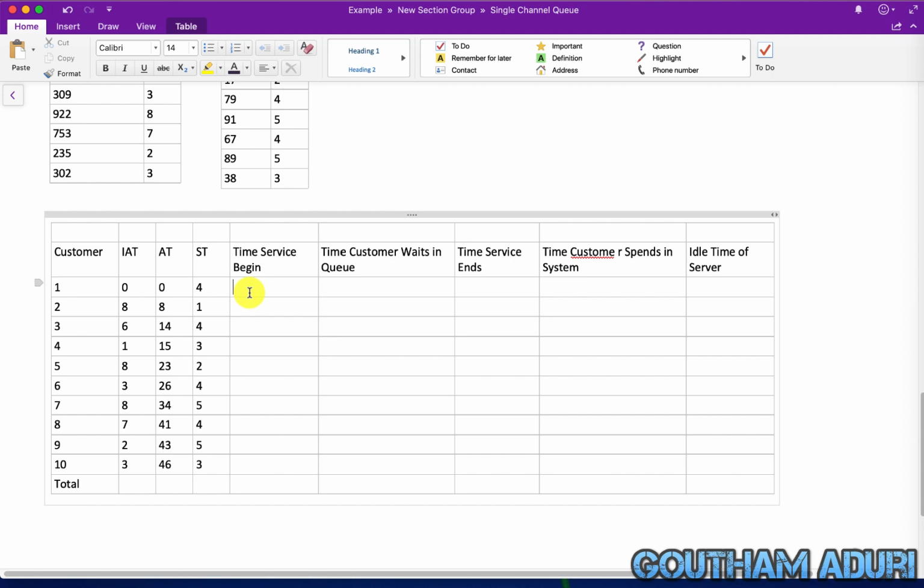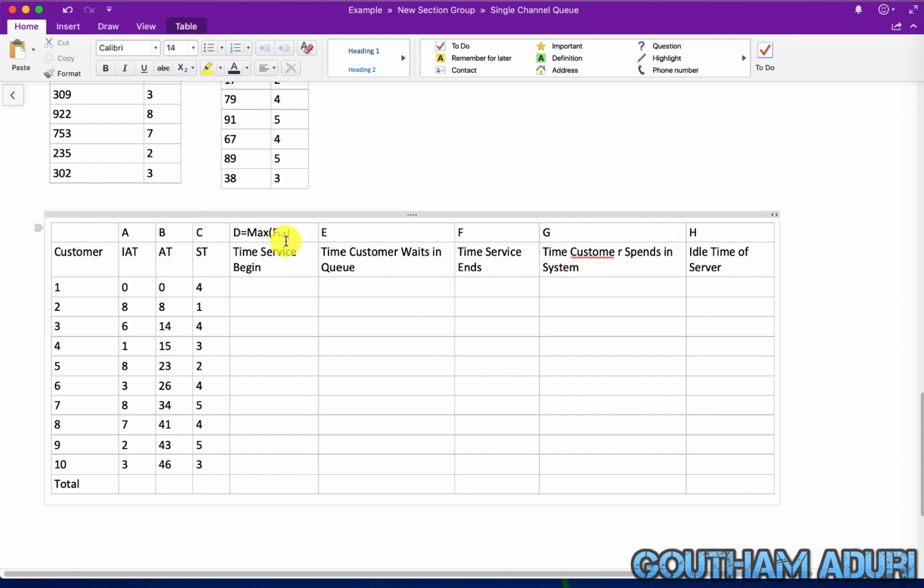And the time service begins is nothing but, I'll keep this formula simple. The columns are A, B, C, D, up to H. So time service begins is nothing but I have to compare the time service ends of the previous one with the arrival time, and take the maximum. So it is the maximum of F(I minus 1), comma, and B(I).